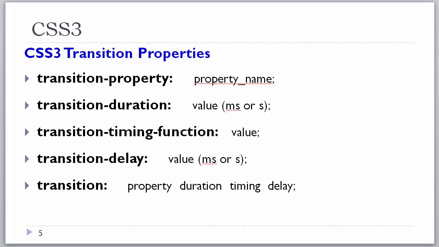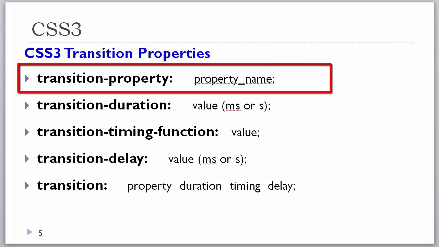Alright, so in CSS3 we have several new properties that relate to overall transitions. We have the transition property, and that would be set to the name of the property which we'd like to transition, such as a width or a background color.